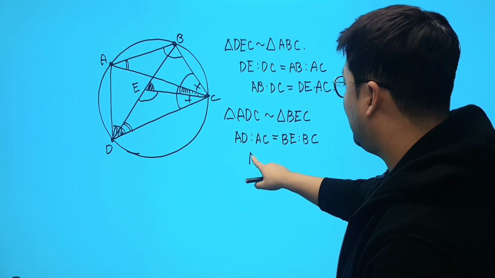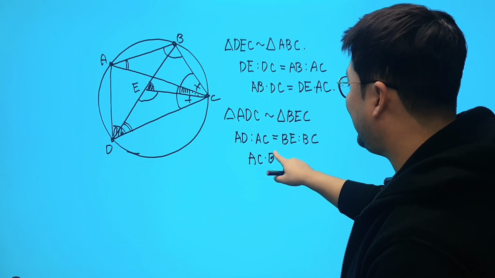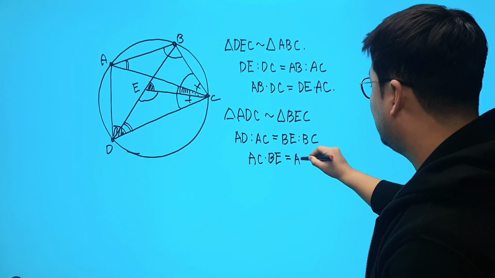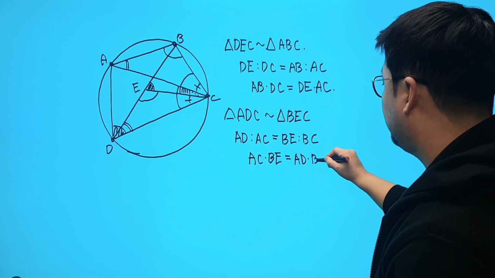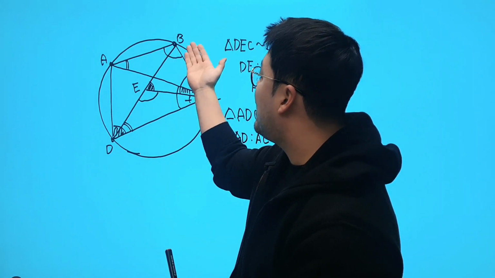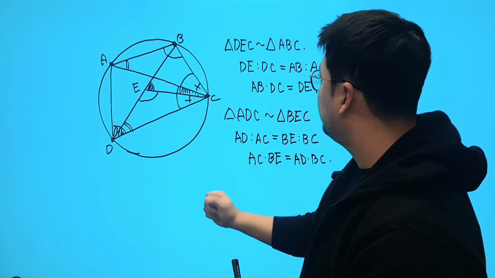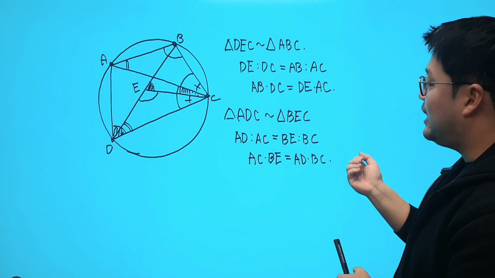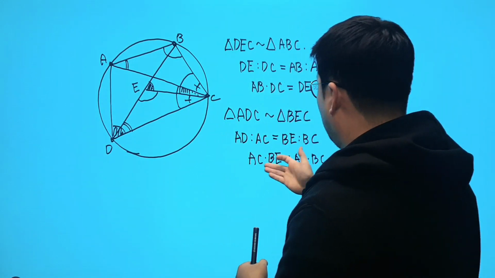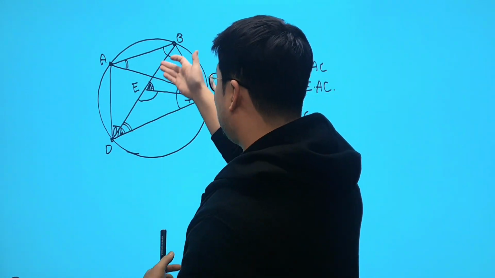So we get AC times BE, which is just going to be AD times BC. All right. So one at a time. We have AB times DC, which is going to be DE times AC. I got AC times BE, which is going to be AD times BC.